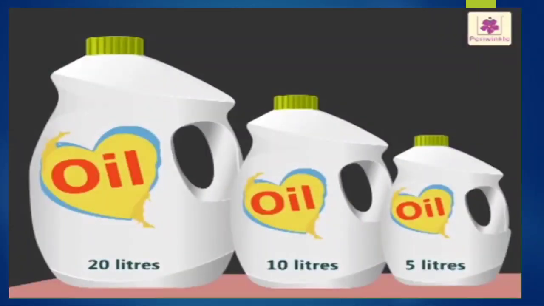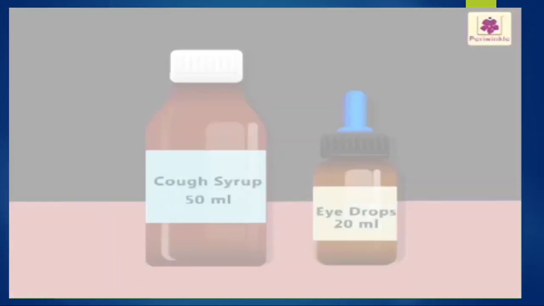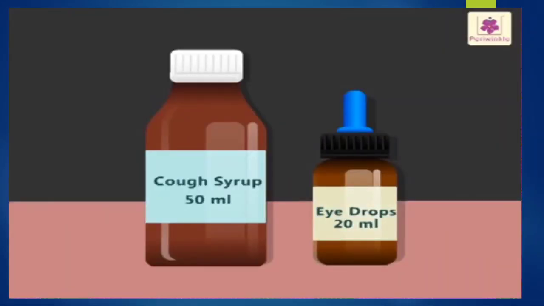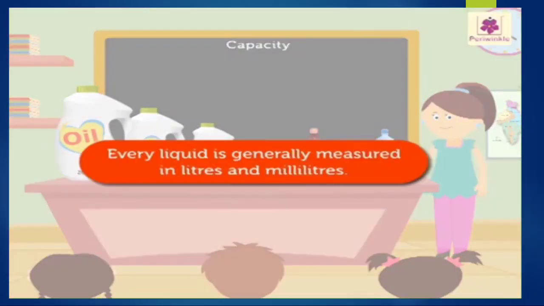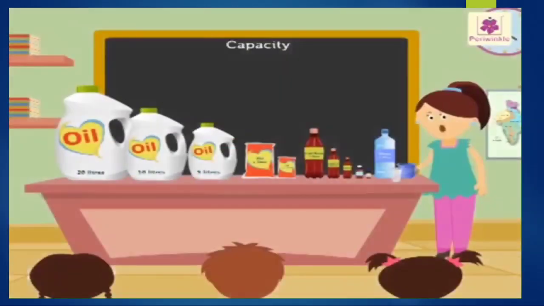The big cans can hold 5, 10, 20 liters of oil. 3. There are certain medicines like cough syrups and eye drops which are sold in small bottles that can hold liquid in milliliters. Remember kids, every liquid is generally measured in liters and milliliters. So, wasn't it fun today, learning something new?